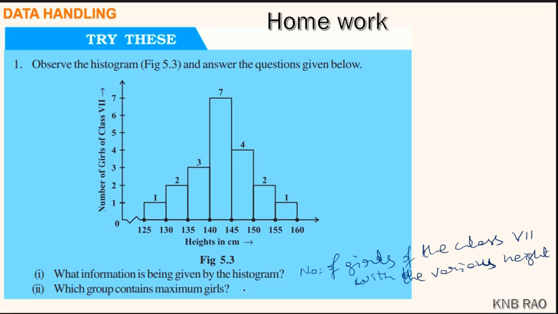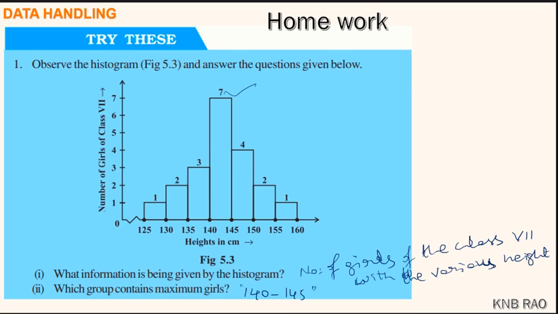Which group contains maximum girls? Here 140 centimeters to 145 centimeters you could see being maximum because it is the longest bar. So the 140 to 145 class interval contains the maximum number of girls.